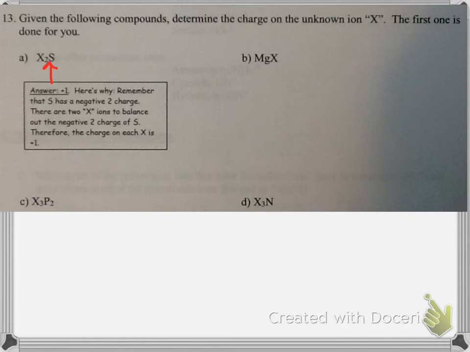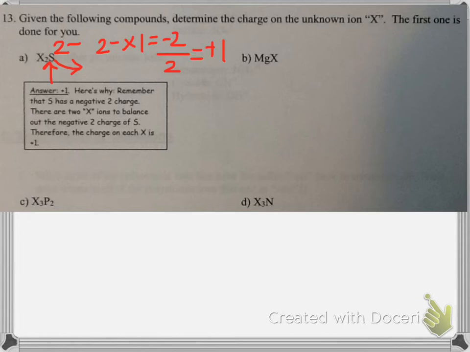It's going to gain 2, so it has a charge of -2. There's one of them. So -2 times 1 gives me a -2 charge. So that means X, there's 2 of them, so that -2 charge is divided by 2, so X has a charge of +1.